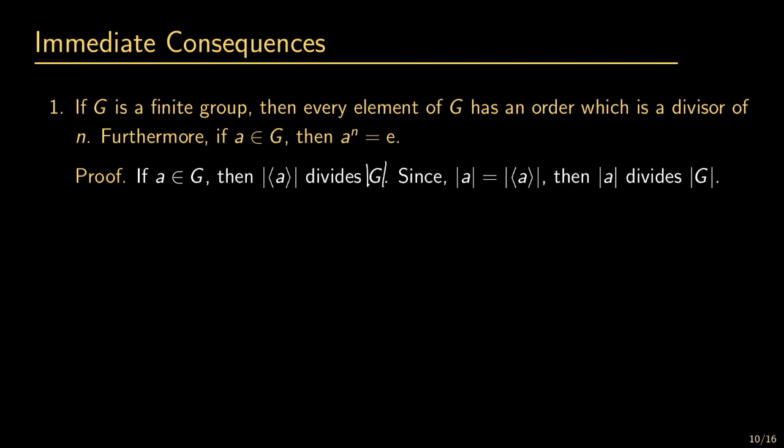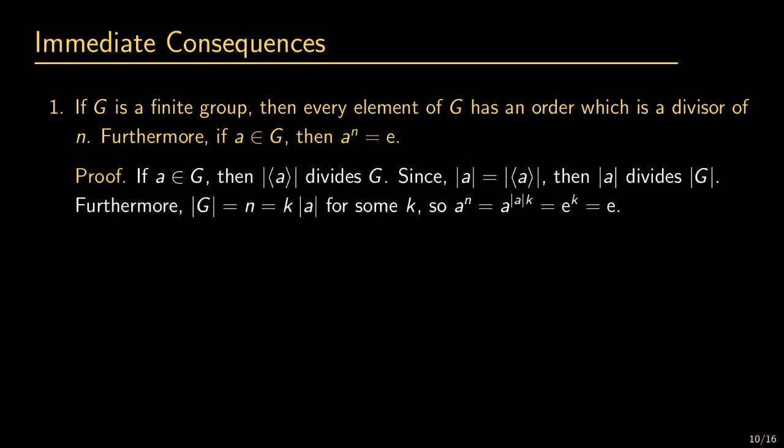Finished. Eh, bakit totoo yung second claim? Ito nga. Kasi nga, the order of G is N. Let's say, because the order of A divides N, you can write N as K times the order of A for some K. Hindi yan absolute value, ha?